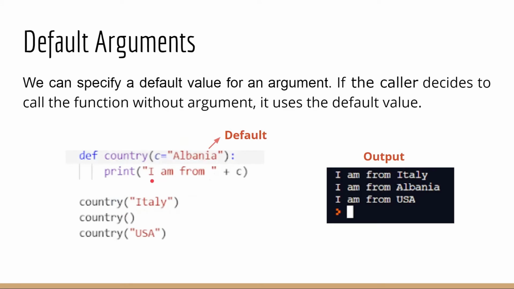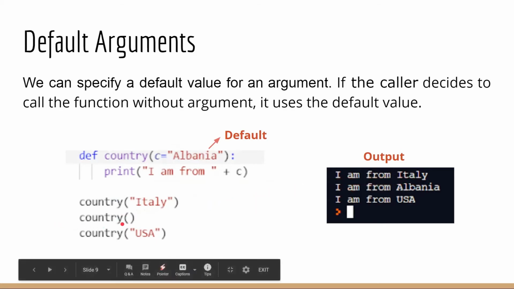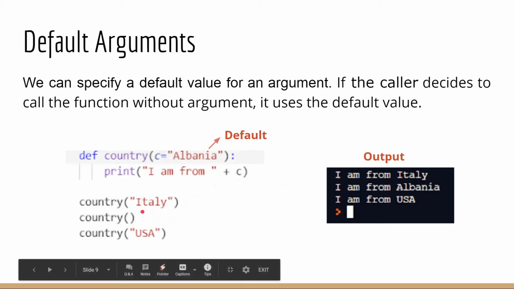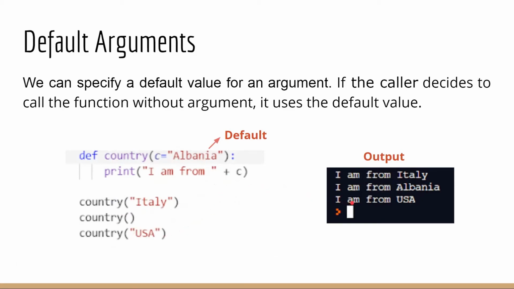And the result will be I am from Italy, as we can see. If we call the function without specifying any argument, then it will use the default value that we've given to this argument, and the result will be I am from Albania. And in the third case, just like in the first case, this value here will replace the default value, and the result will be I am from USA.